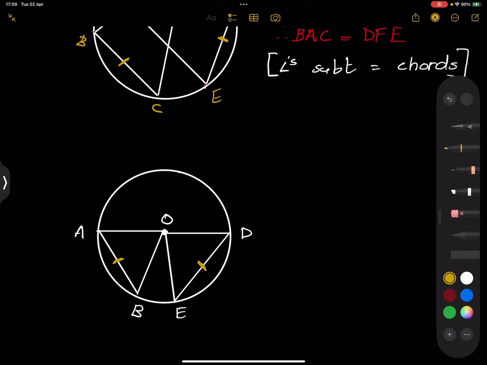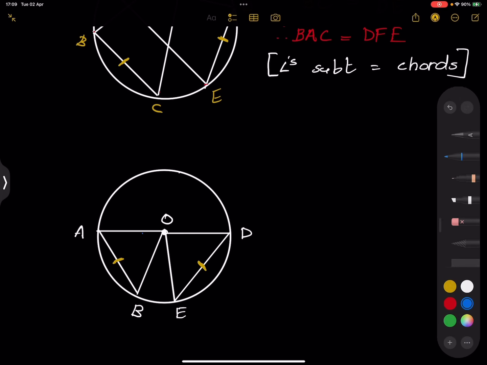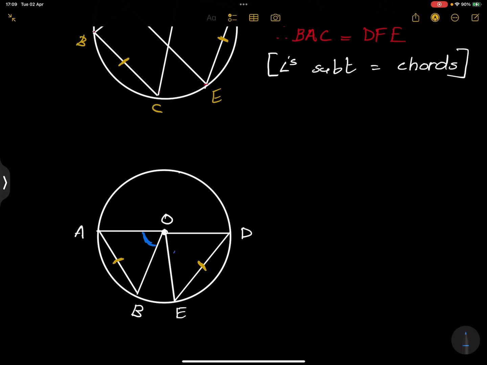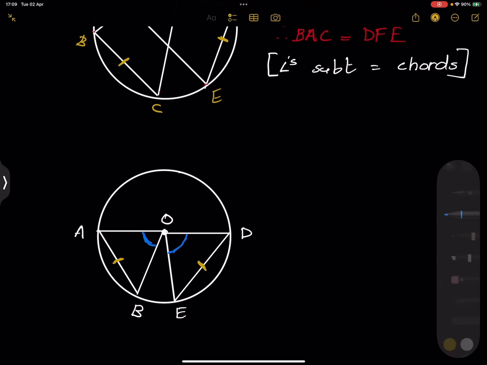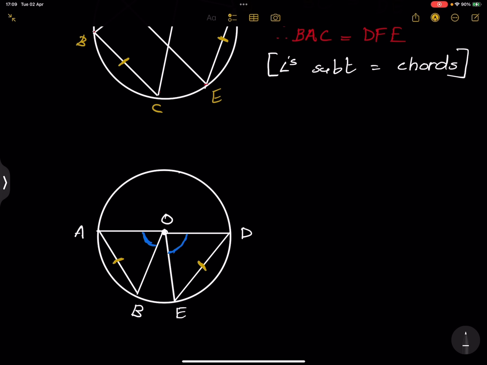Now please, guys, I want you to note again that it means that this angle here would be equal to that angle over there, only on condition that that is the center. Now note, those are not vertically opposite angles. So we can say, given that AB is equal to DE, therefore AOB would be equal to EOD.